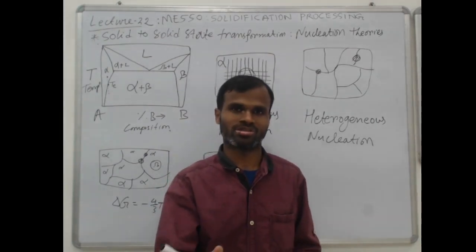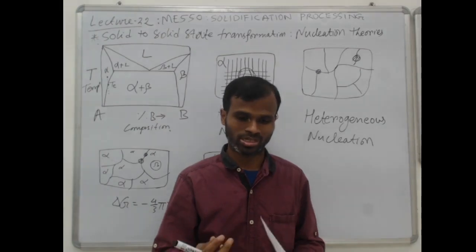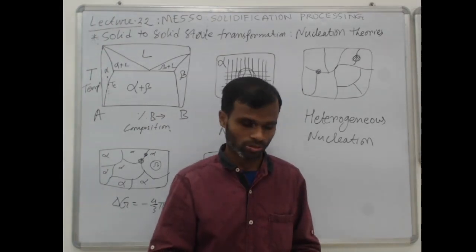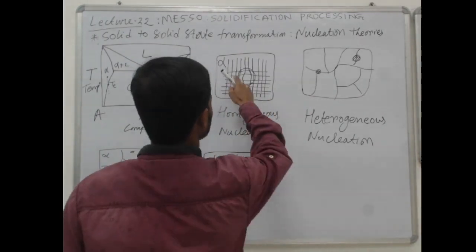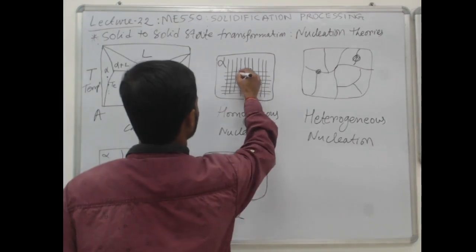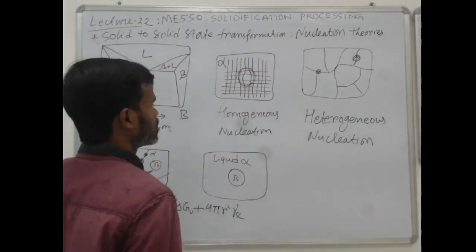As a result, their volume will be different. Because of the difference in volume, they will apply pressure over one another. So because of this, some strain will be developed around the solid beta phase.